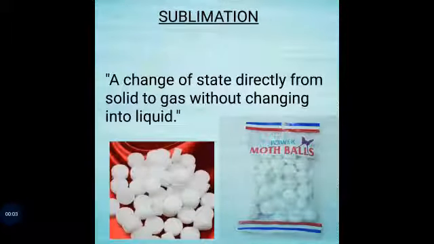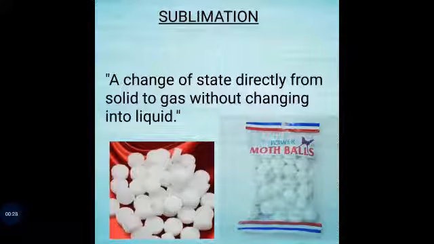There are some changes that occur directly from solid state to gaseous state and gaseous state to solid state without changing into liquid state. This process is known as sublimation. Example, camphor and naphthalene balls. Camphor changes to gas while heating. Naphthalene balls we normally use to repel moths and cockroaches.